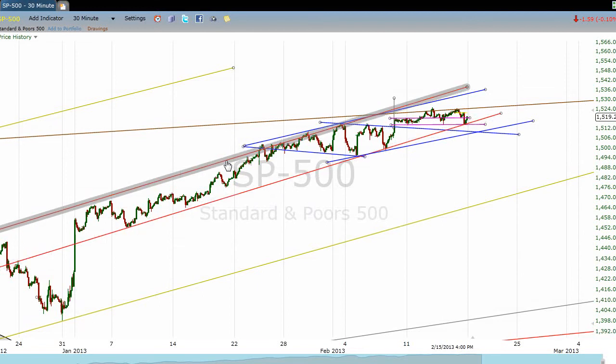Now you'll look at this and you'll say, well, the support line looks pretty solid. That resistance line doesn't look to be super reliable. And if you said that, you would be absolutely correct. It's kind of a tendency of channels that in a bull trend, the support line tends to be more reliable than the resistance line.